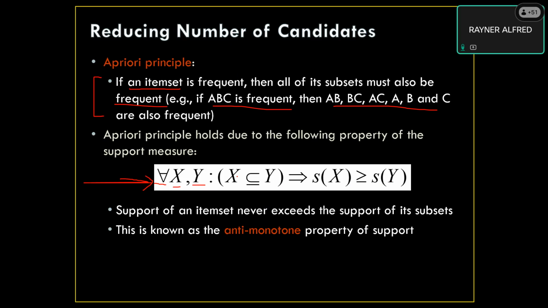Okay, so for example, if we have A, B going to C, and this is frequent, X is this one and Y is this one. No, this is not the X and Y, sorry.